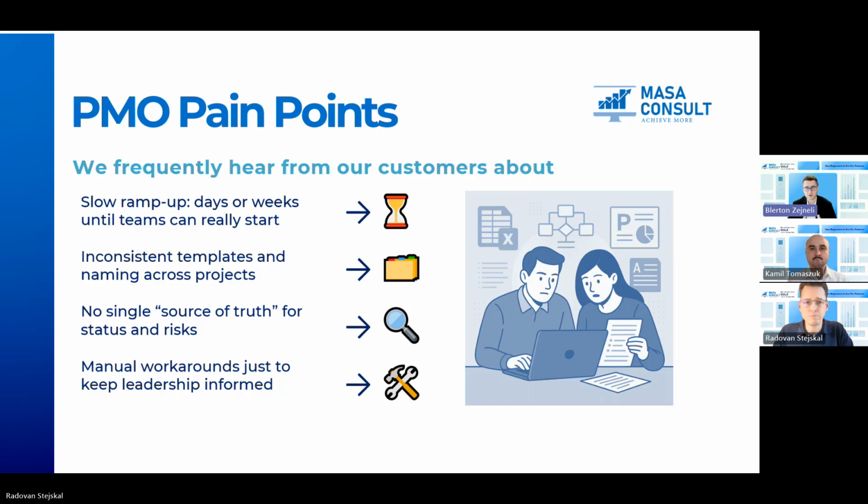Status and risk live partly on Smartsheet, partly on PowerPoint, partly on emails to steering committees and leadership and so on. And because of all this, PMOs simply spend a lot of time preparing updates for their leadership, for their management, instead of actually focusing on portfolio decisions and governance itself.